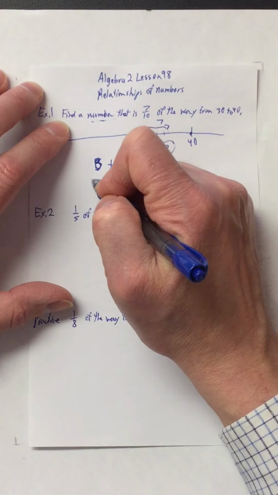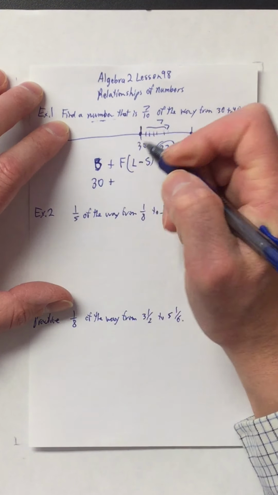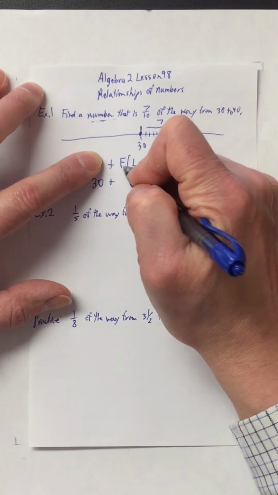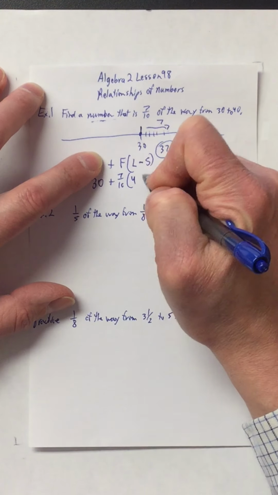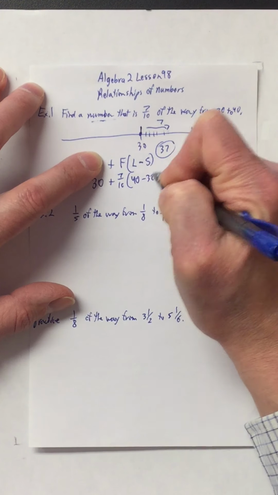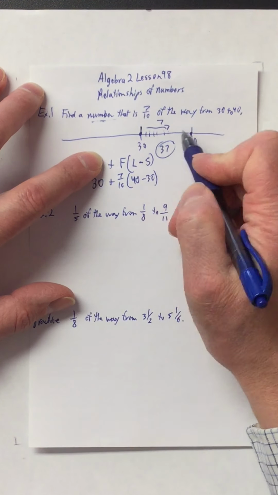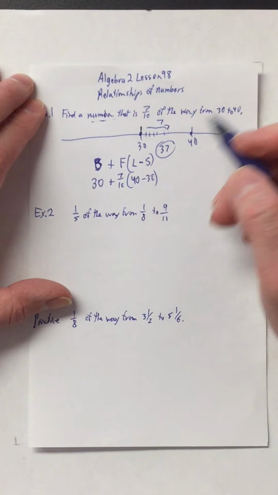So the beginning number is going to be 30. We're going to add that to the remainder part. Our fraction is 7/10, and then we would take our longer number 40 minus our short number 30 to give our difference interval that we would be multiplying our fraction by.